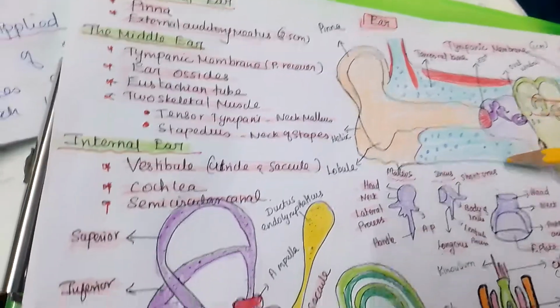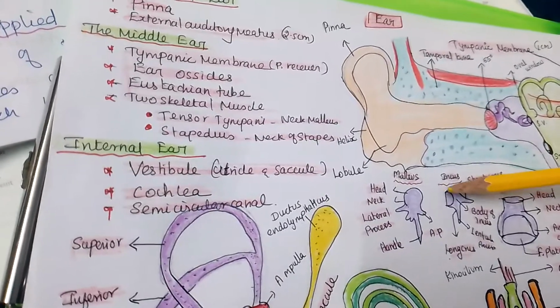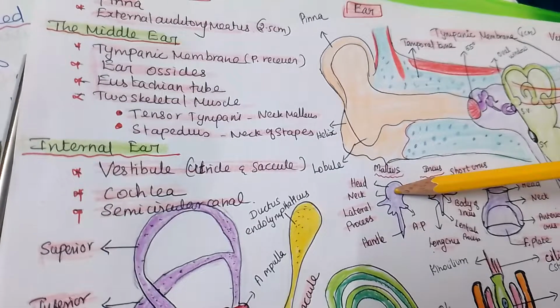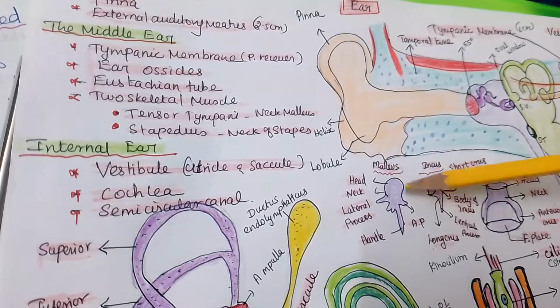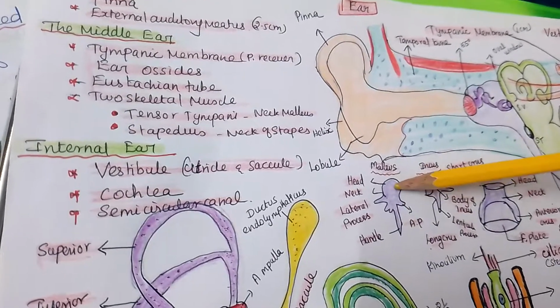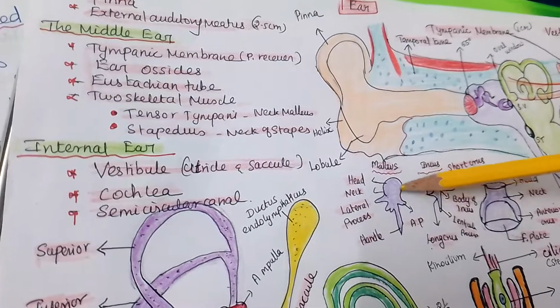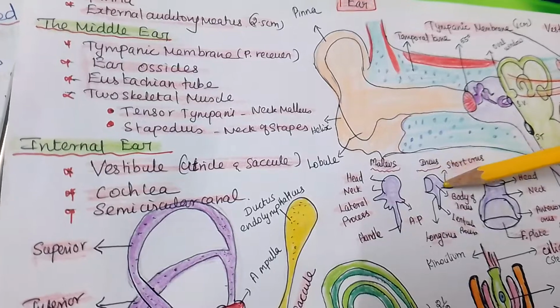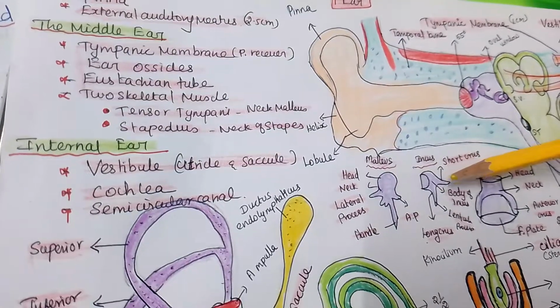If you see clearly, the malleus has a head and neck, the lateral process, anterior process, and the handle. Another name for the malleus is a hammer-like bone. The incus is the anvil-shaped bone. Most of the time one word will be asked.